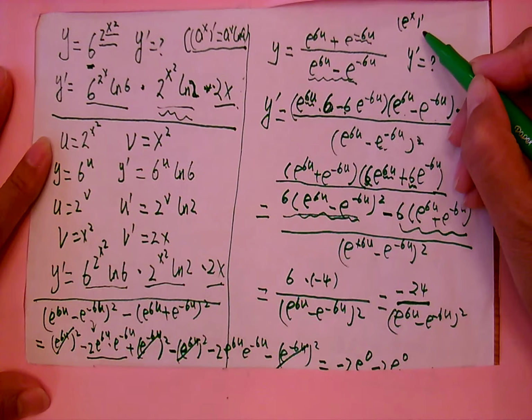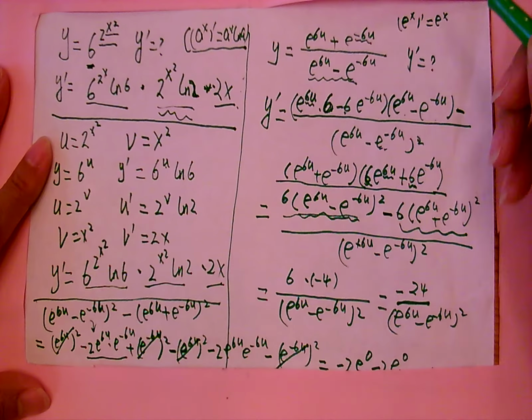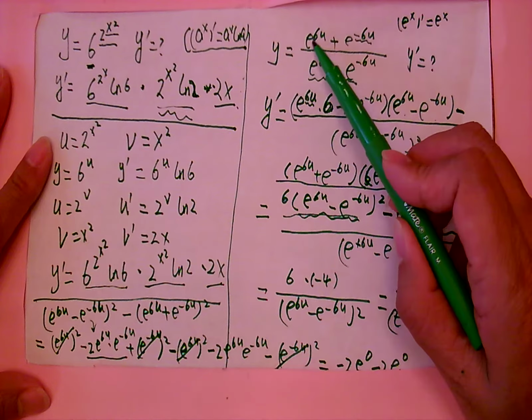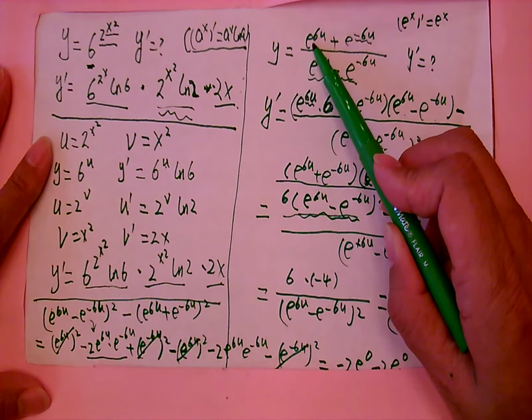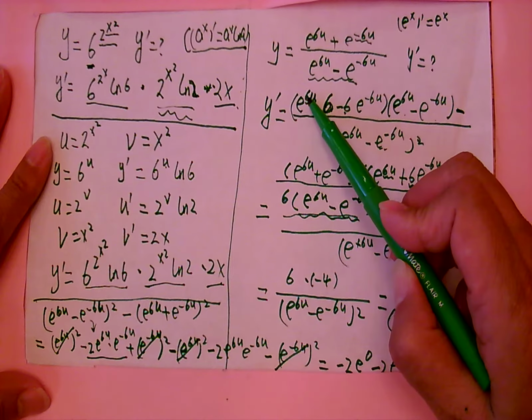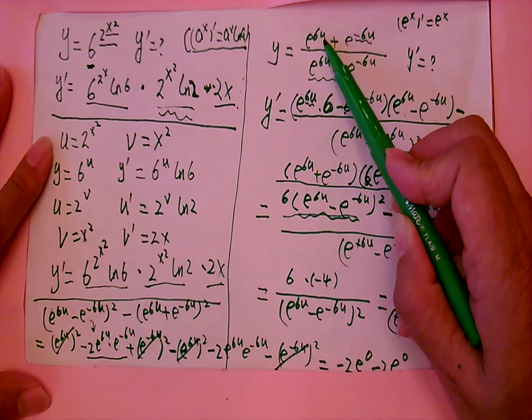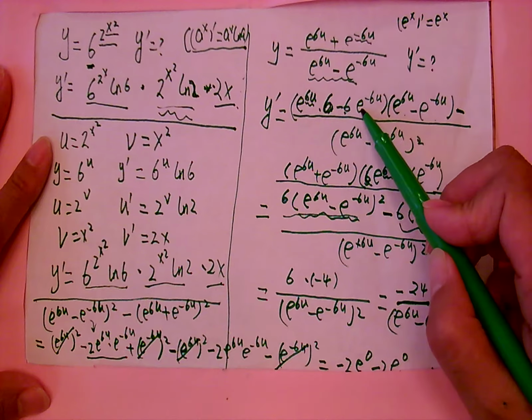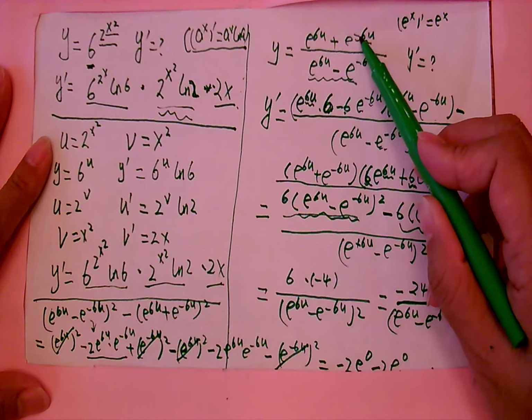That's majorly what I use, but I use the chain rule there. So this part of the derivative, it's e to the v, consider this as v, and the v derivative is 6. Same thing here, e to the v here, and this v equals negative 6u, derivative is negative 6. That's what I got for this part.